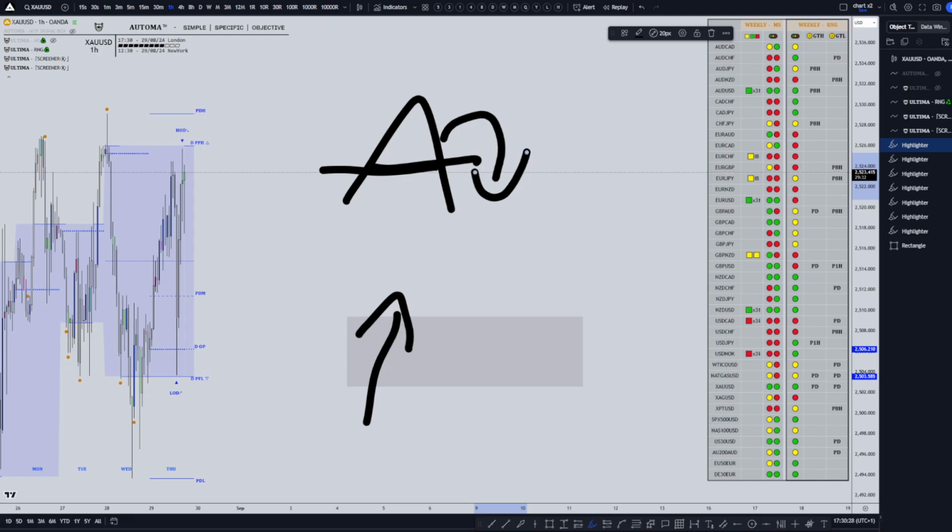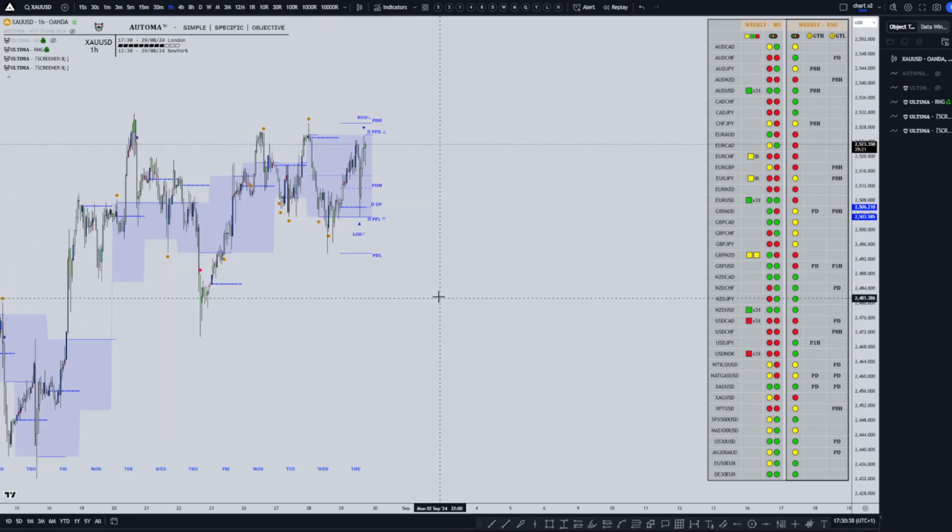That's the counter trend. So that's why you want to look for golden templates in prime conditions.